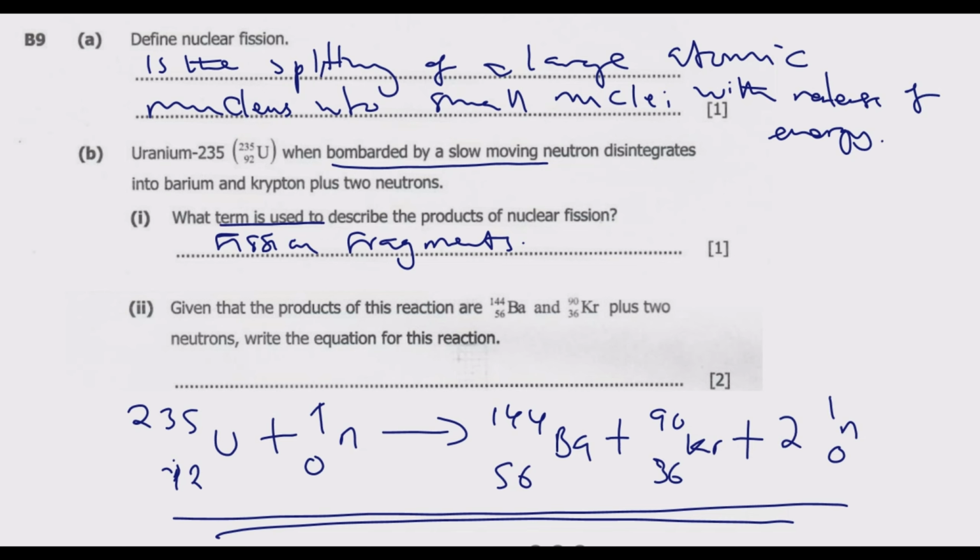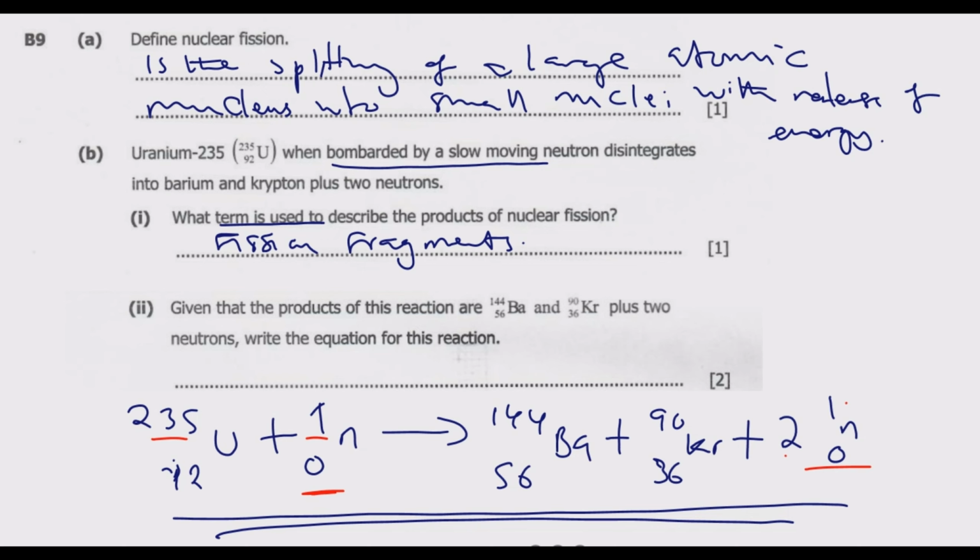What is key is to note that we need to have this neutron on this side, then it becomes simple. You notice this is balanced. 144 plus 90 is 234, plus 2 times 1 is 236. On this side, 1 plus 235 is 236, so it's balanced.